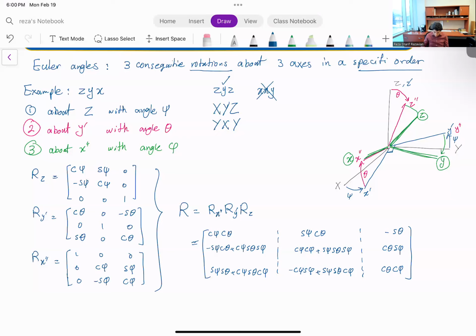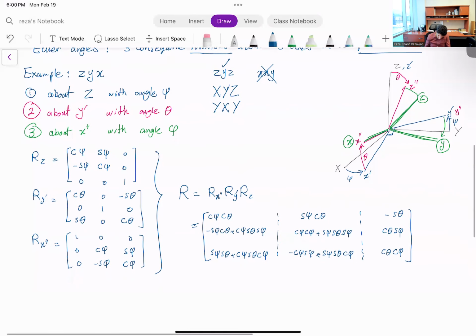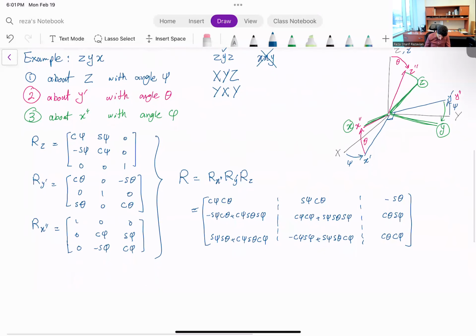The other thing is maybe a couple of notes. These Euler angles are good choices for generalized coordinates.